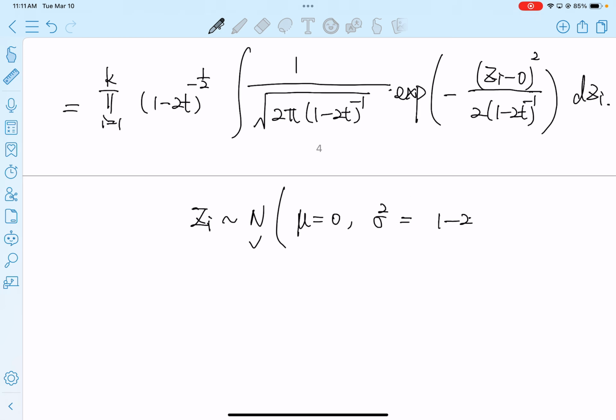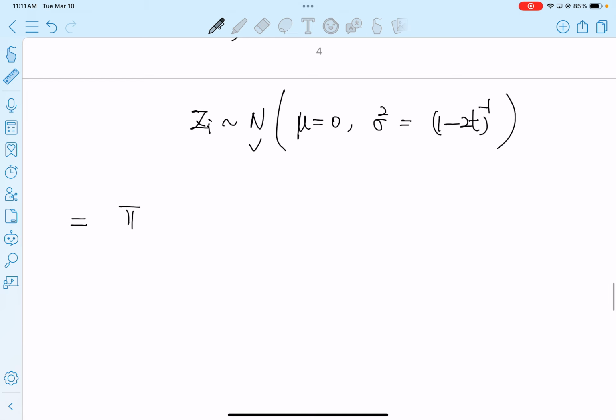One minus 2t, inverse. Okay, so that is the thing we obtain inside the integral. We know the thing inside the integral is a density function of this normal distribution. And the integral of the density function, what does that equal to? Just 1, right? So everything disappears.